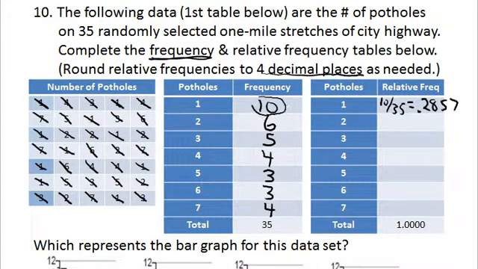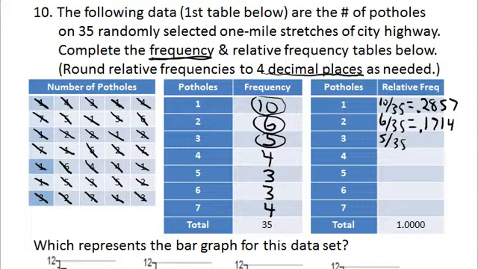So there's the 10 over 35. Now there's 6 over 35. And if you take your calculator and do that calculation, you'll end up with 0.1714. And then 5 over 35 for the 3's, and that comes out to be 0.1429.